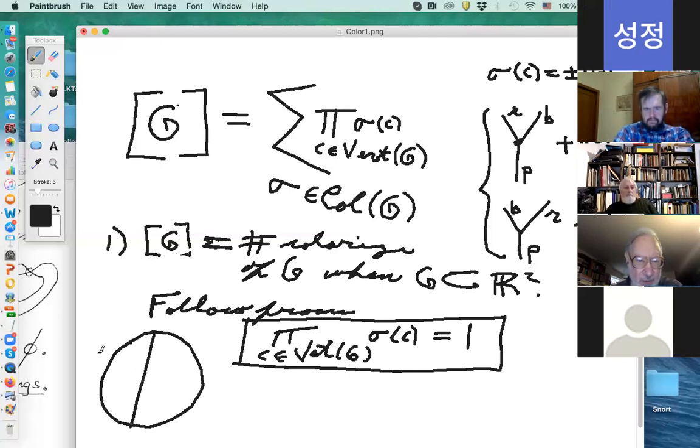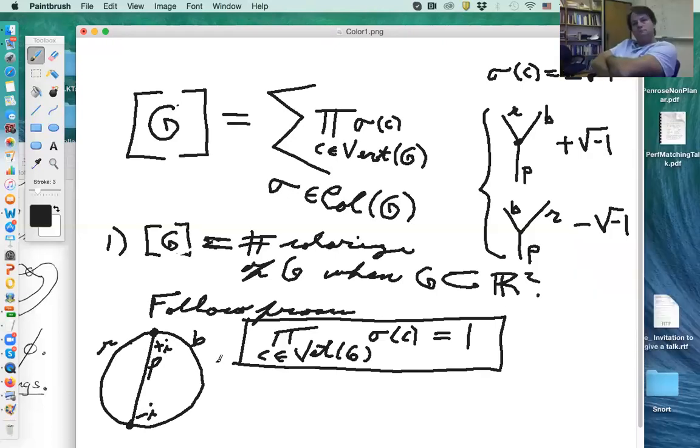So let's suppose that we had RBP here, and there's a nice coloring of the theta graph. And what are the vertex weights? Well, this is an RBP, so it's a plus i, and here is a BRP, so that's a minus i.